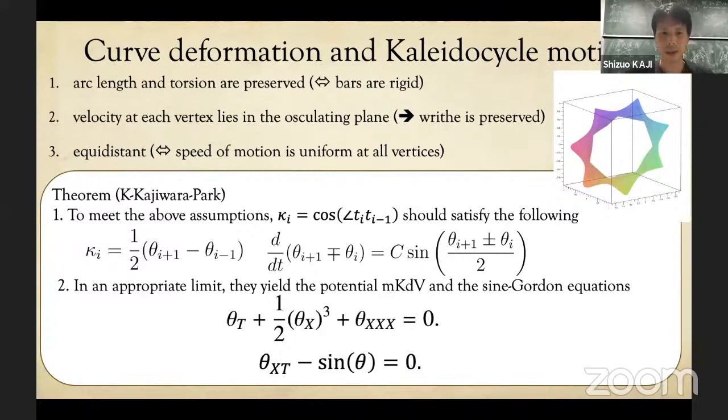But I don't think I have enough time to go into details. The important thing which I want to emphasize is that there is a discrete analog of curve deformation theory, which describes the motion of this linkage, the Kaleidocycle. An interesting thing is, for the continuous case, you don't have any algebra, just a smooth manifold. But for the discrete case, the configuration space is a real algebraic variety.